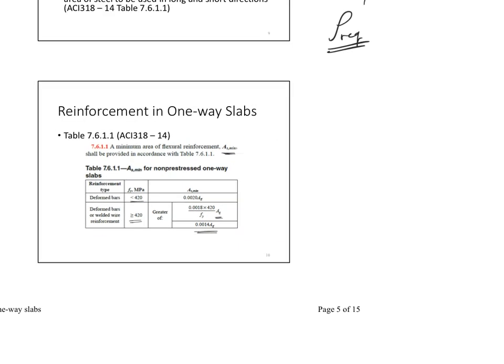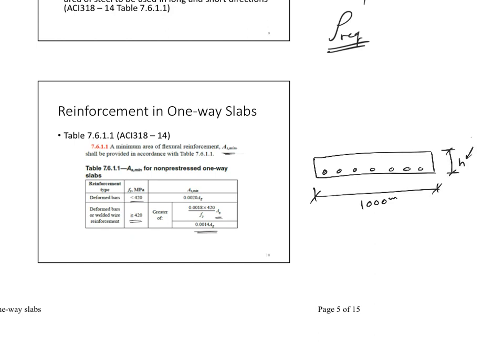What is area gross? I'm going to look at the steel in its section. This is my steel here, right? So if I'm considering a 1 meter wide strip times some H, let's say that this H was 200 millimeters, right? Then my area gross equals 1,000 times 200. That's in millimeters. Okay? And then I calculate how much steel area will be needed here as a minimum steel.